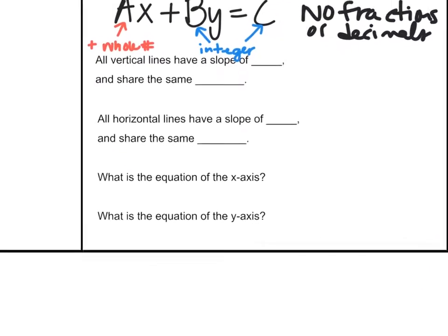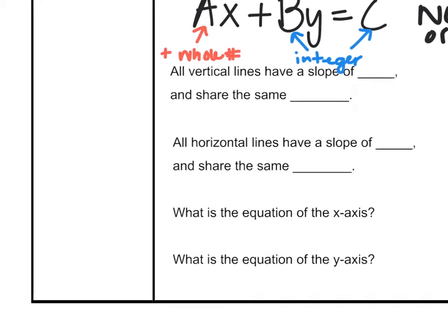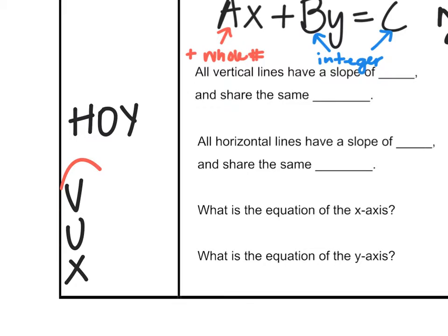Let's talk about horizontal and vertical lines. We use the acronym HOI VUX, which helps us remember these things. Let's start with horizontal. Actually, no, let's start with vertical.